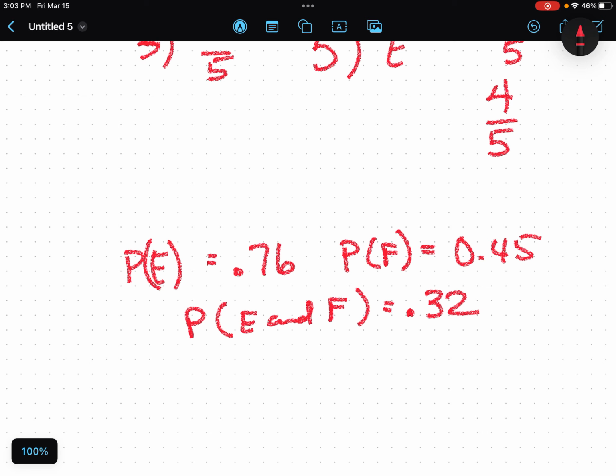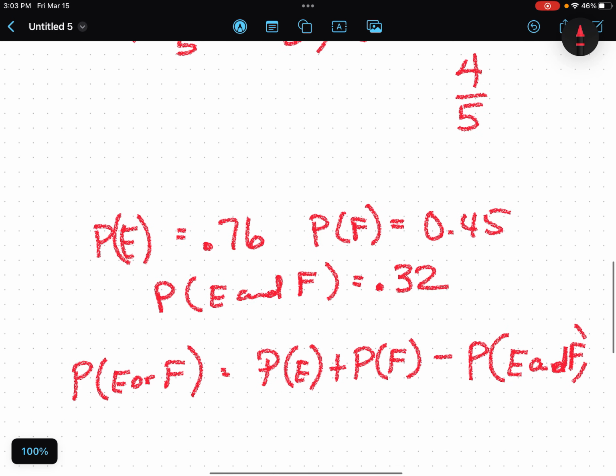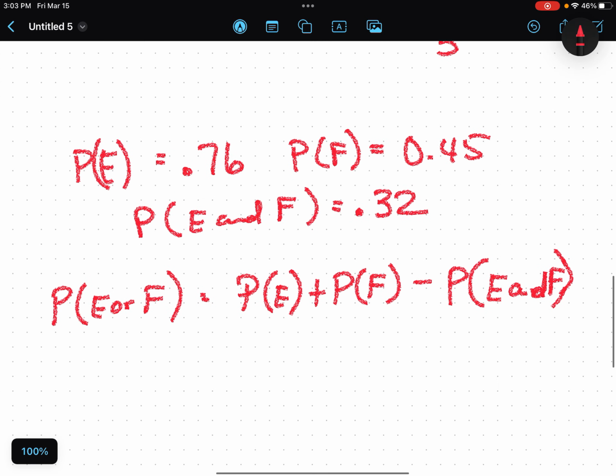So this is the addition rule. And this is the general addition rule because you have that "and" term. So that's the formula: the probability of E or F is the probability of event E plus the probability of event F minus the probability of E and F. So 0.76 plus 0.45 minus 0.32.